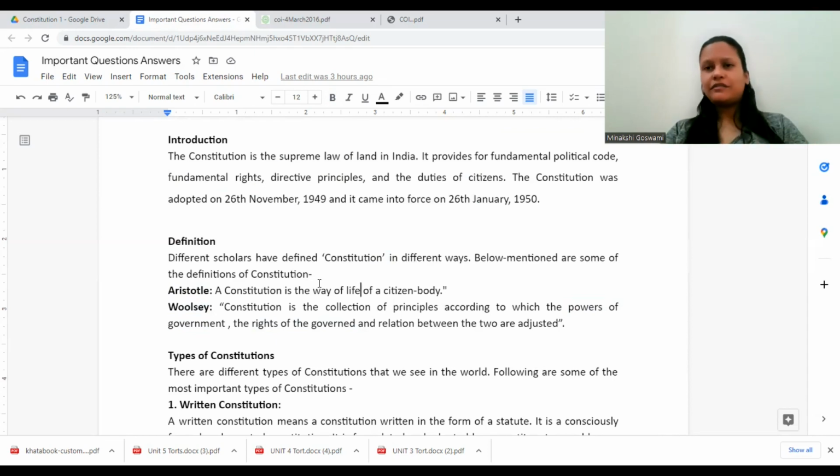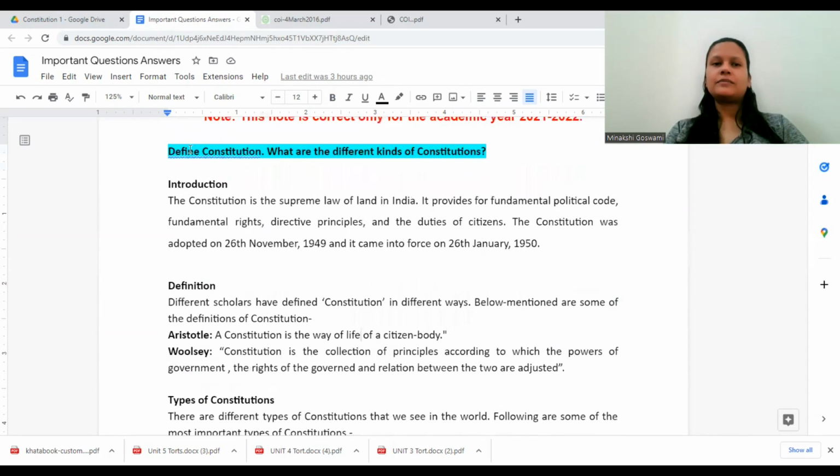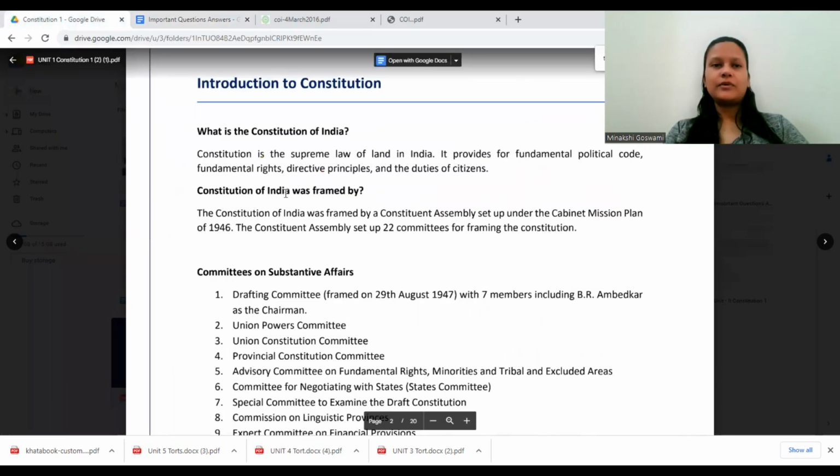There is no harm, and after that you can move to the different types or the different features, whatever is the question. In fact, this was a question from previous year question paper: Define Constitution. What are the different kinds of Constitution? So definition you can try to remember.